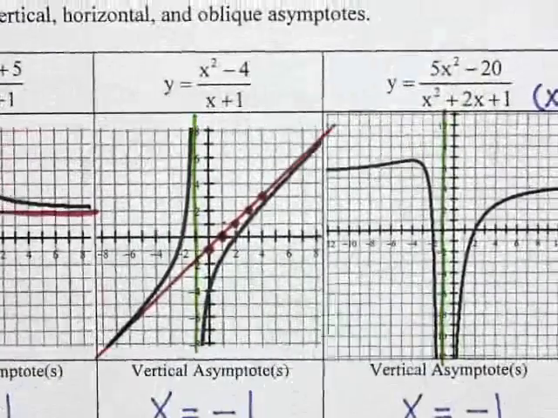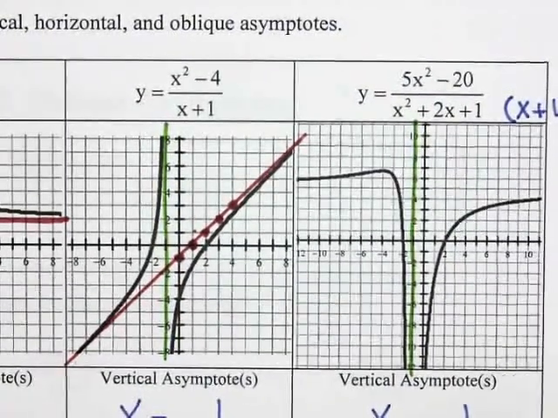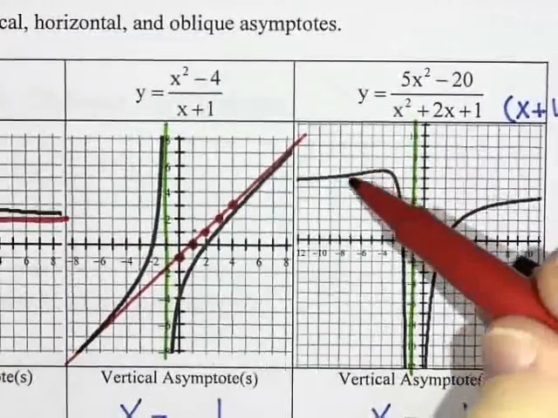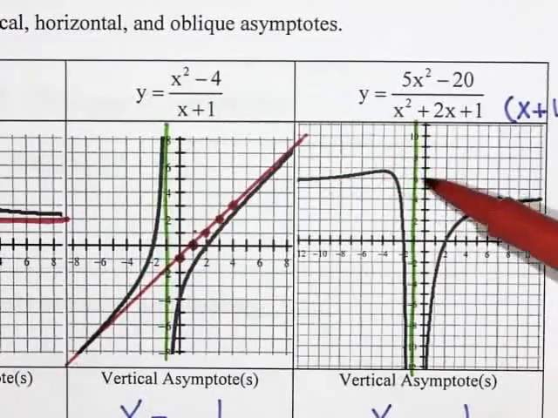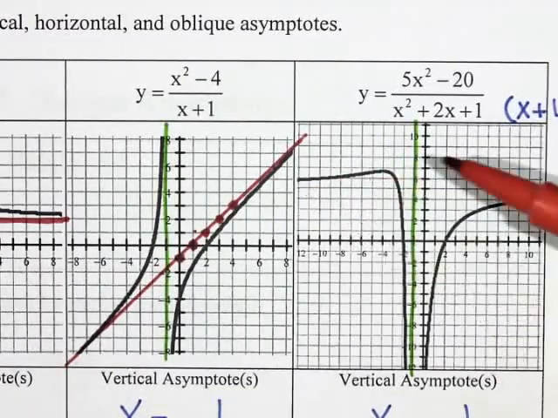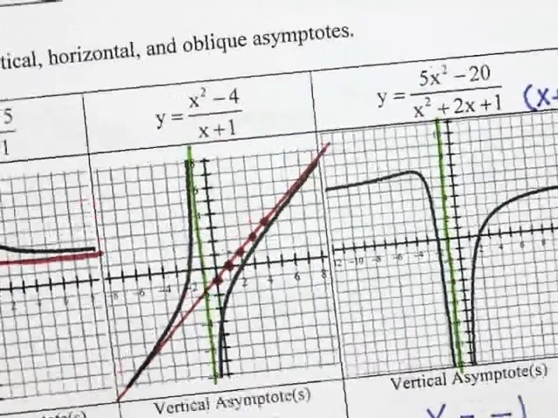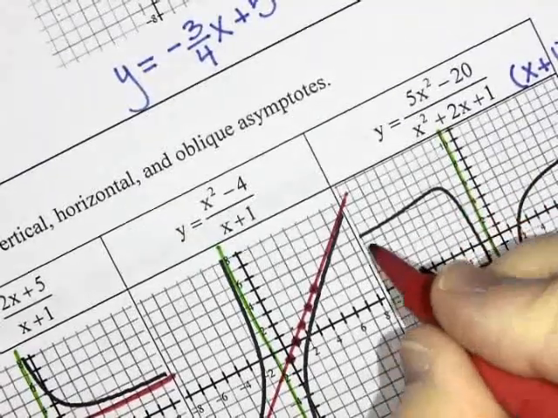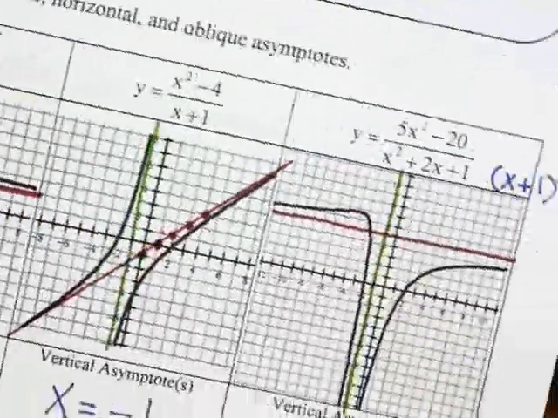Okay, if we look at our last one, I'm looking at the ends of my graph. This end here looks like it has crossed 6. It's heading towards maybe 5. On this side here, it looks like it's hit about 4. So I'm going to say I think the horizontal asymptote, sorry that I turned my page, is at 5.